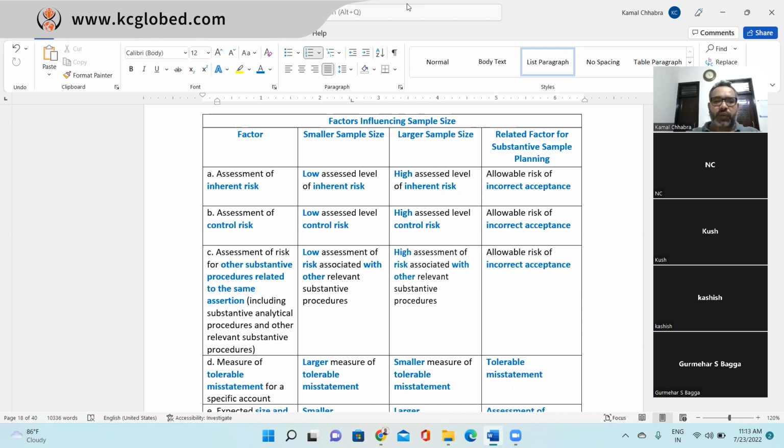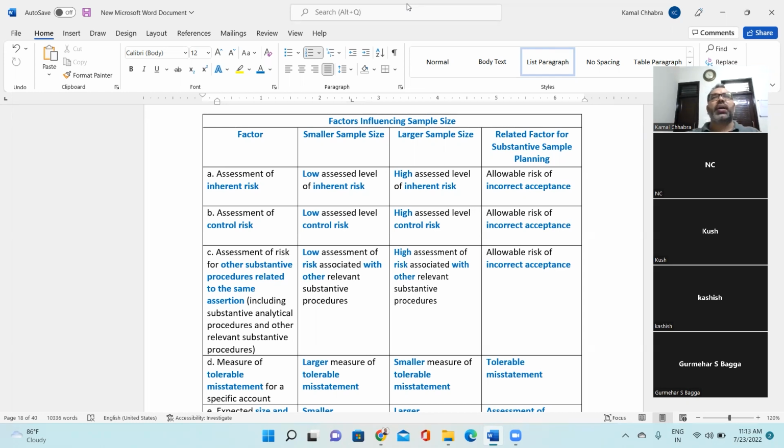If you see the first one, assessment of inherent risk. The factor which may impact the sample size is the assessment of inherent risk. If you have assessed the inherent risk low, then your sample size will be low. If you have assessed the inherent risk high, then your sample size will be high, right? And how you assess that inherent risk is based on allowable risk of incorrect acceptance.